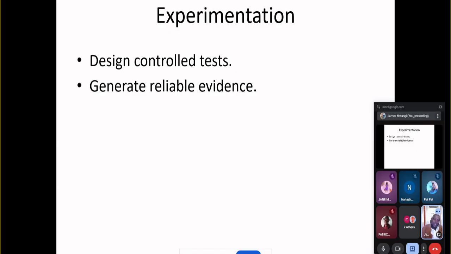The other stage after hypothesis is experimentation. So you design a controlled test and then you generate reliable evidence. This one is especially useful during the formation of a prototype.